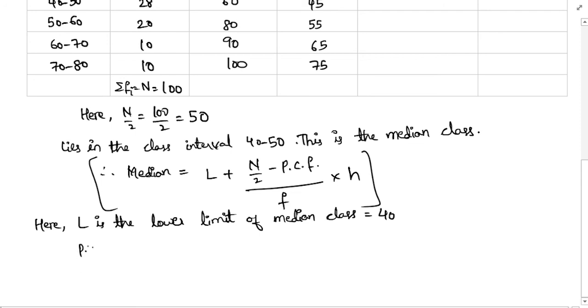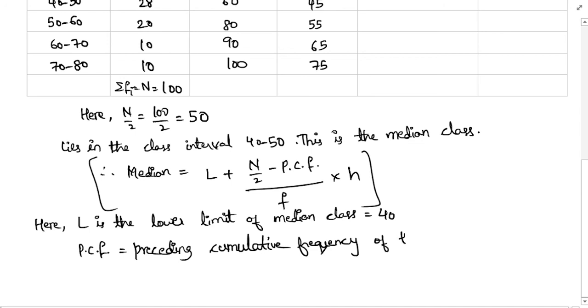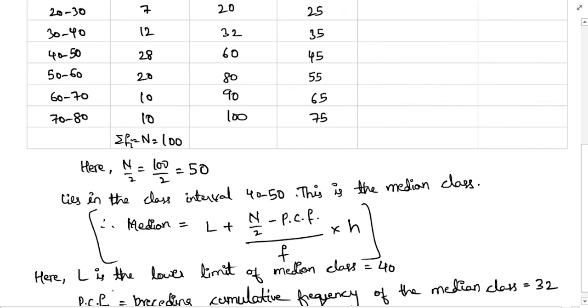Then PCF, that is the preceding cumulative frequency of the median class, which is 32. From the above table you can find that. Preceding means the one before, so that is 32, right?